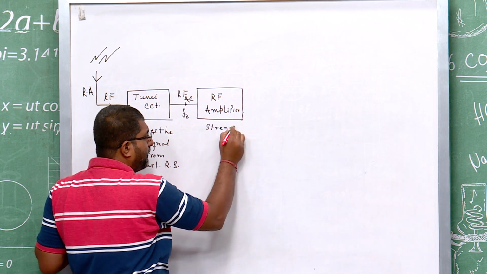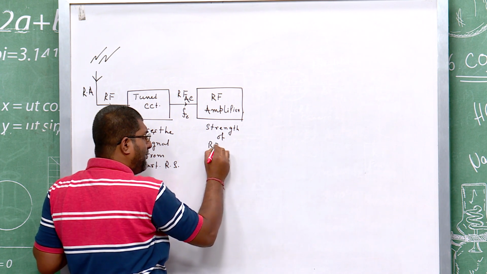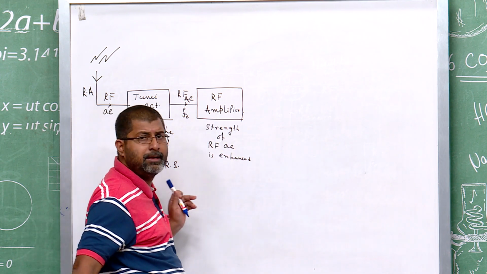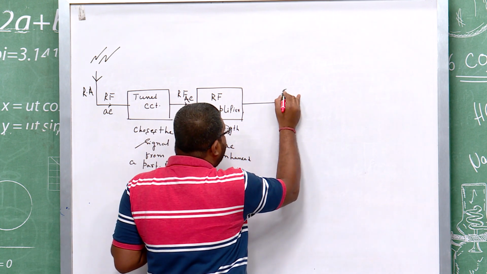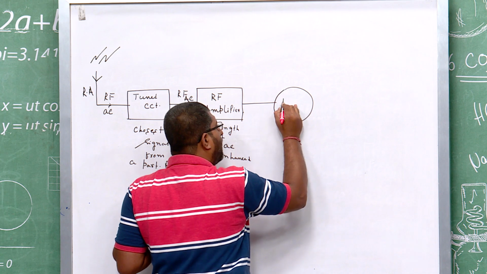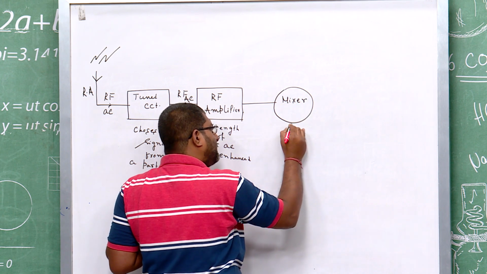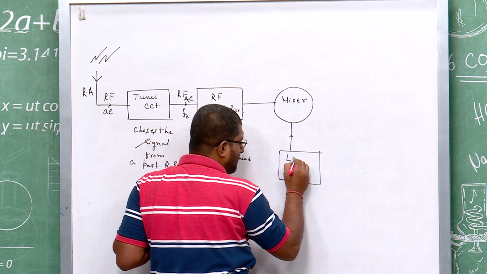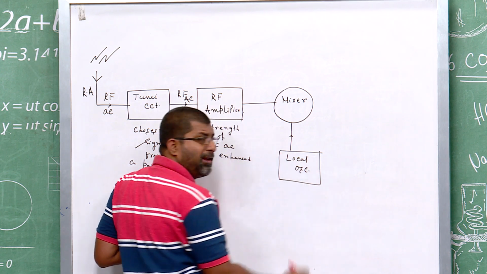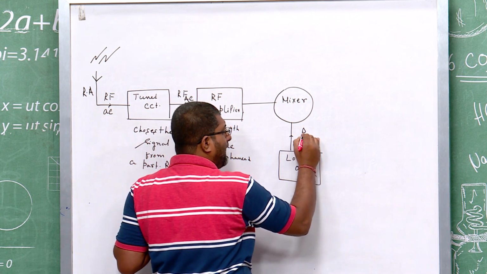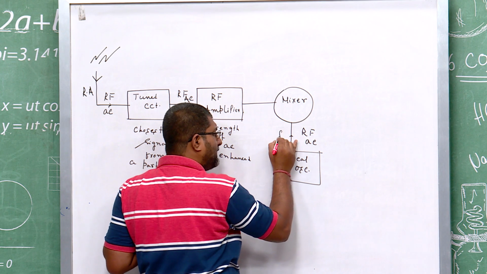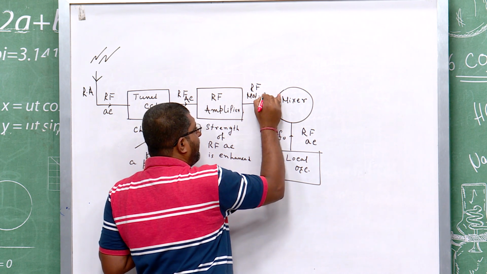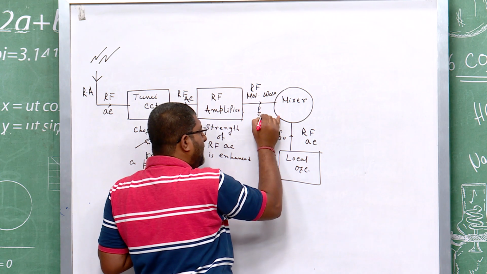The strength of the RF AC is enhanced. Now, it is fed to a mixer circuit. This mixer circuit has another input from a local oscillator. This local oscillator feeds an RF AC of frequency F0, and here there is the RF modulated wave of frequency Fc.